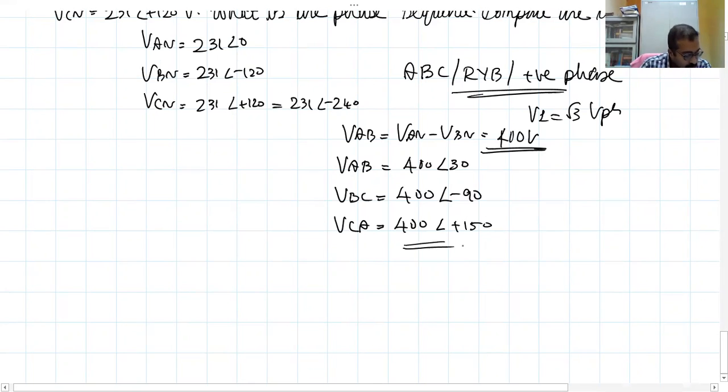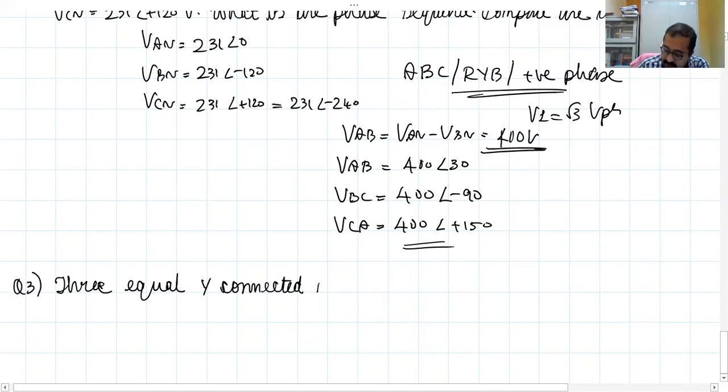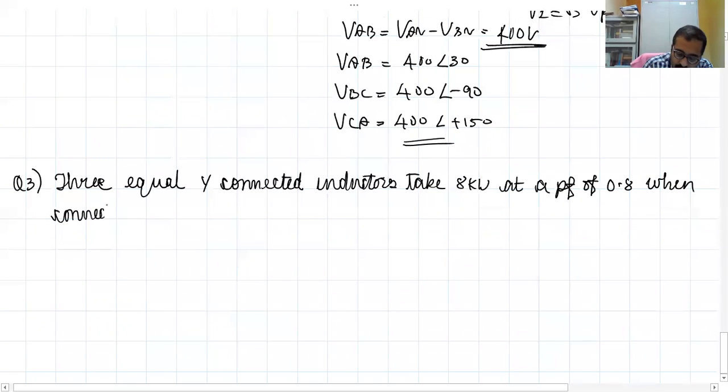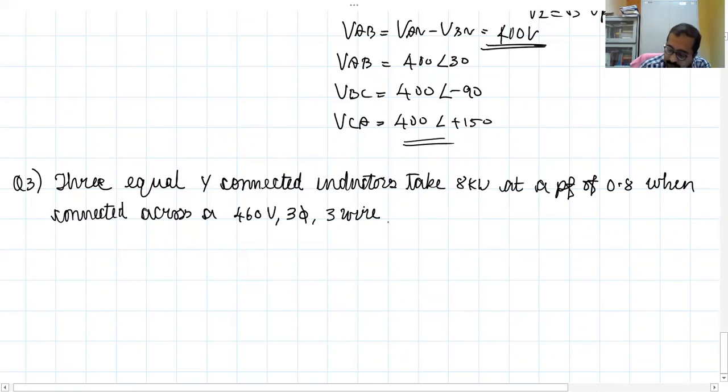One more question, question 3. Three equal star connected inductors take 8 kilowatt at a power factor of 0.8 when connected across a 460 volt 3 wire supply.